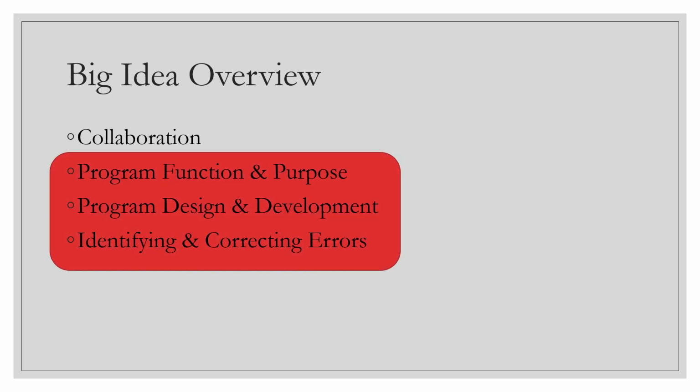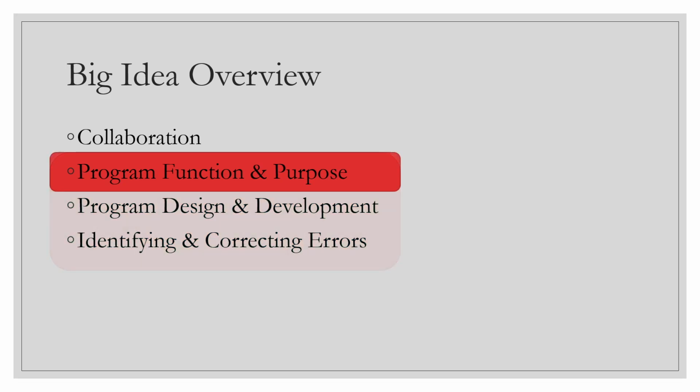As much as I would like to cover collaboration, it actually isn't tested by the College Board on their AP exam for the course. So I'm not going to focus too much time on it because the last three are actually tested and, in my opinion, are absolutely more critical in comparison to collaboration on program design.